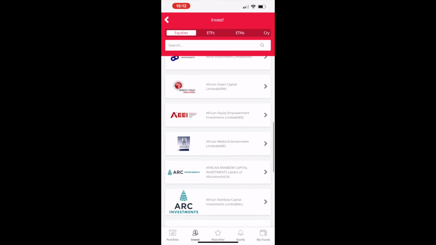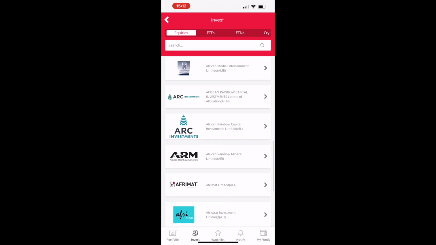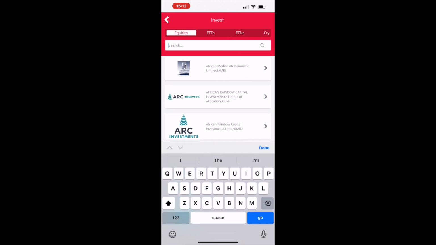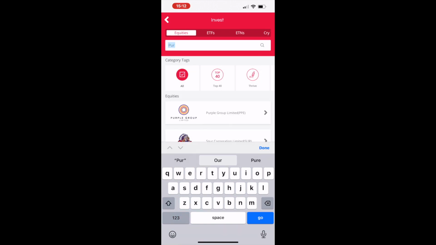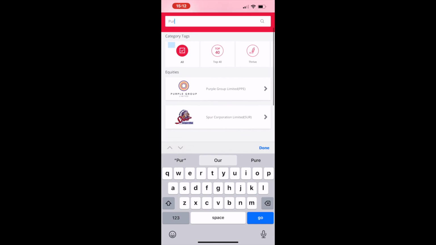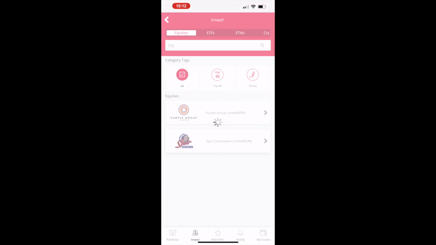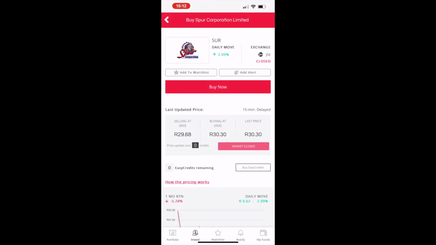With equities, this is a single share of a company. You can buy multiple shares of a single company. Here I'm just trying to Google Spur. Since I do eat a lot of Spur, why not invest in it? Let's try and see how much it's going for.